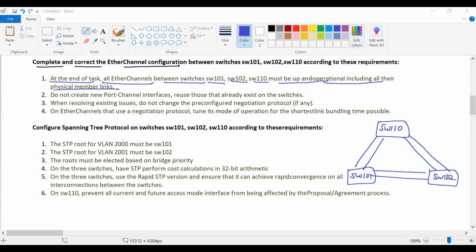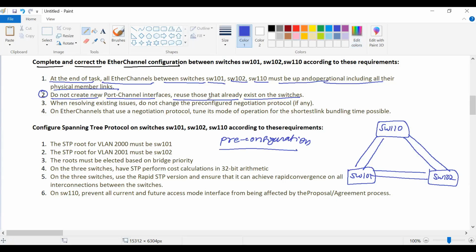Give me 1 minute. Now, in task number 2, do not create new port channel interfaces. Reuse those that already exist on the switches. You know, the best part is that in the lab exam, you get the pre-configuration, sometimes.